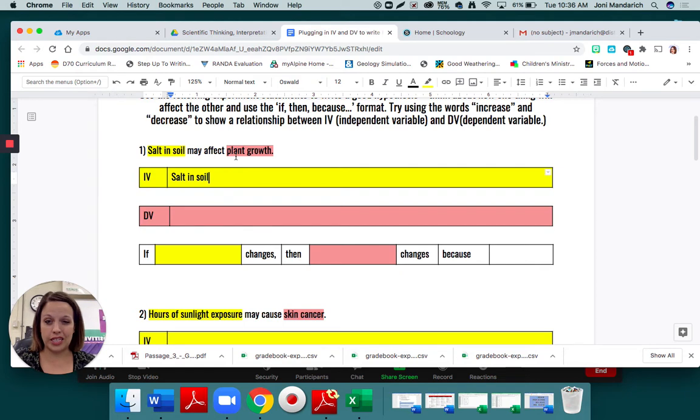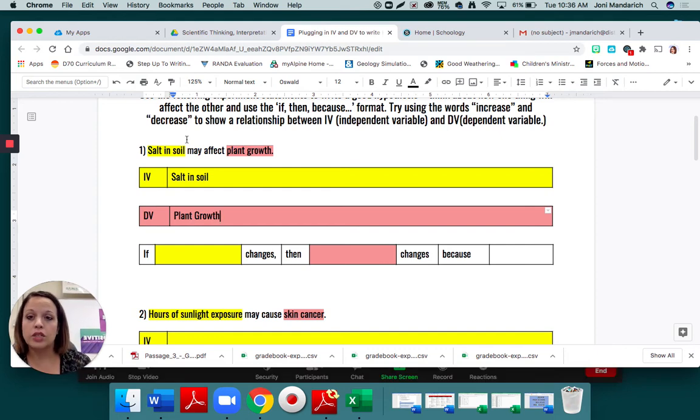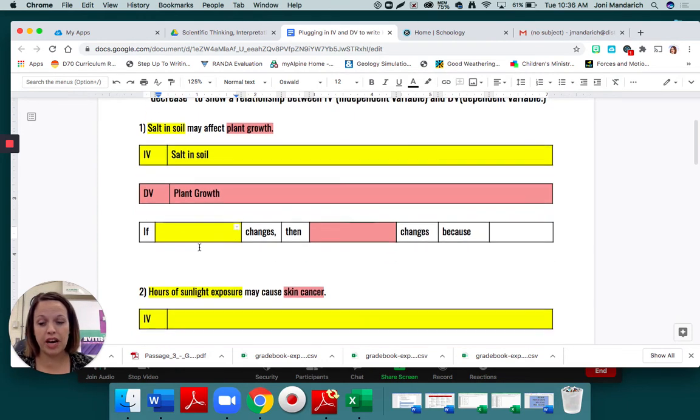What is that affecting? What am I going to measure as a result of whether there's salt in the soil? What I'm going to measure is the plant growth. I'm going to see if there's salt in the soil, is it going to change how my plants grow? So right there, I got my IV, the salt in the soil, may affect my DV, the plant growth, and I can plug those in right there. Okay, notice the same color coding in the hypothesis.